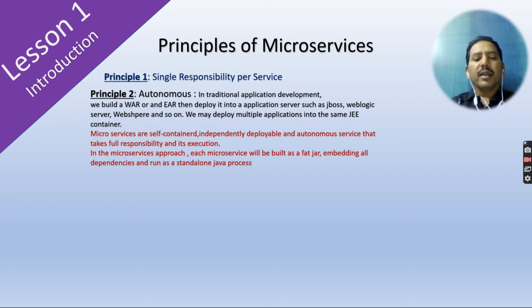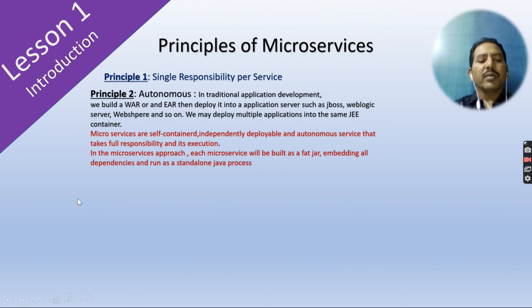In earlier traditional application development, we build a WAR or EAR file, then deploy it into an application server such as JBoss, WebLogic, WebSphere, and so on. We may deploy multiple applications into Java or J2EE application servers. But with microservices, if you develop a single service, you can run it as a standalone Java process.